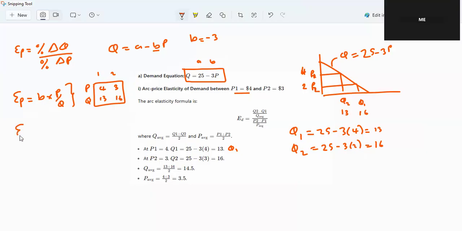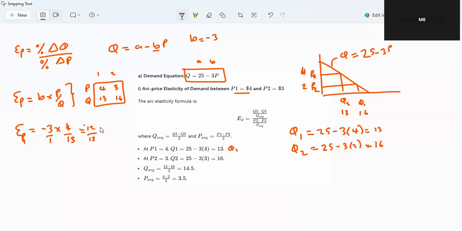So what is the point elasticity at P1? The gradient is simply -3, the same one. And the price at that point, P1, is 4 kwacha, and the quantity is 13. So when you compute that, 3 times 4 is 12, over 13, with a negative there.